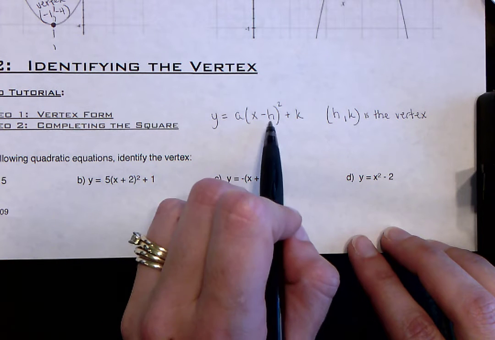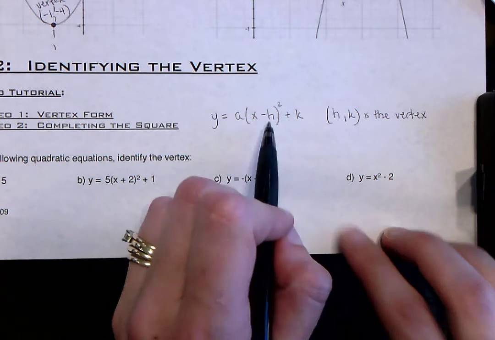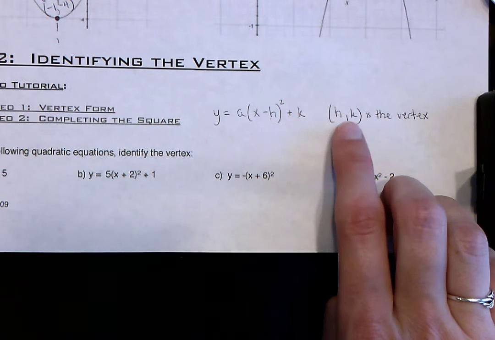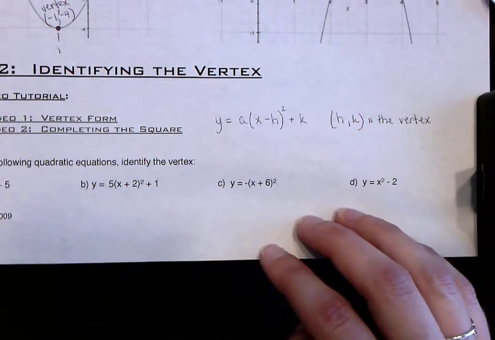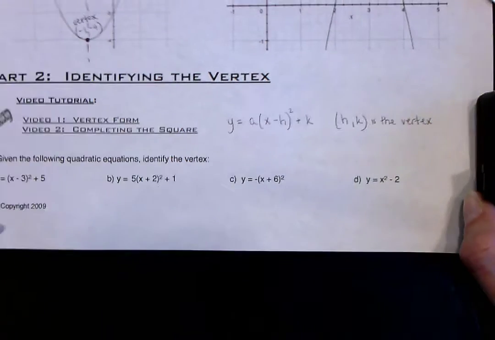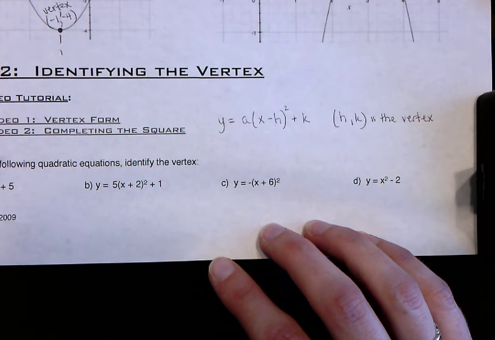In this equation we have (x minus h) squared and then plus k. These two values, h and k, are going to be the values for your vertex. It's going to be a point. The h is like your x value, and the k is like your y value for the vertex. I'm going to write this function right over it so you can see where h and k are.